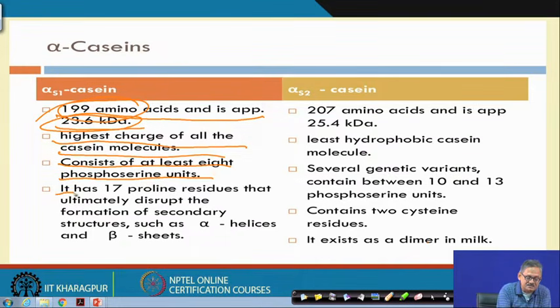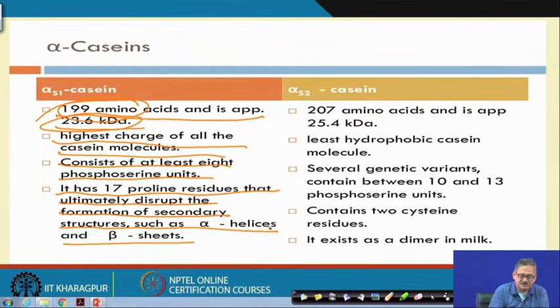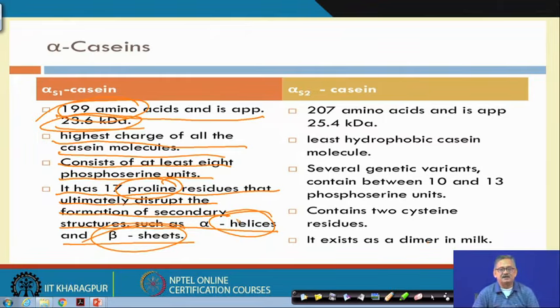It has 17 proline residues that ultimately disrupt the formation of secondary structures such as alpha helix and beta sheets, which are secondary structures. So, because of the 17 proline residues, they do not allow the formation of secondary structures like alpha helix or beta sheets.